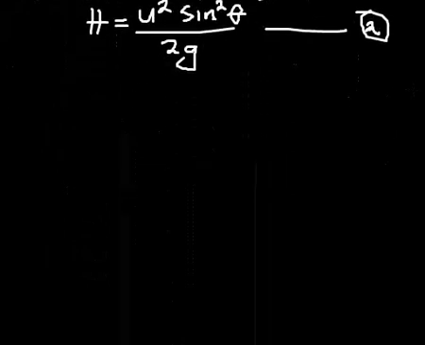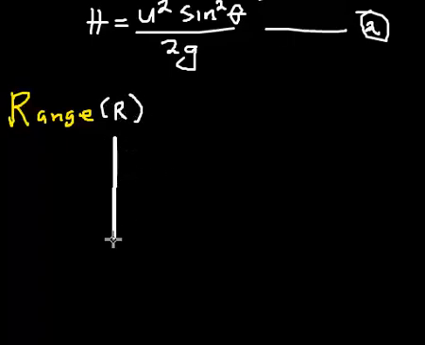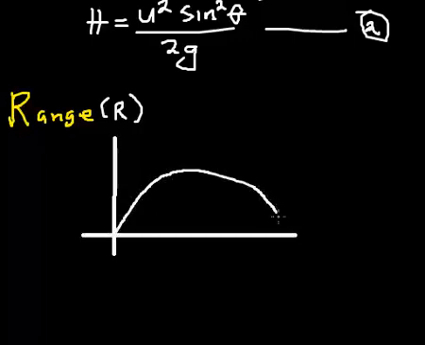Then the last but not the least is the range of the projectile. So the question is, how can I define the range? From the graph of a projectile, you know very well that a projectile moves, then returns to the ground.